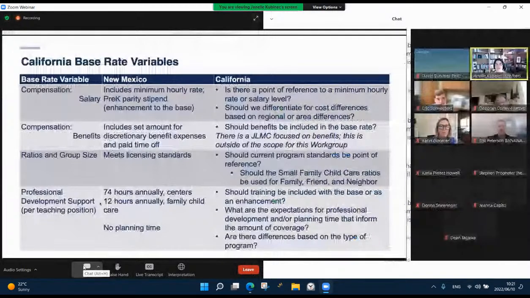And then I think the big question for us is, should we differentiate for cost differences based on regional or area differences? There was a comment made that it's not being done in New Mexico because the view in New Mexico was it's the same work, so it should be the same pay. Now that could be something we hold as true, or we could say, well, really the labor markets of California look different, or the needs, supply, demand, however you want to look at it.